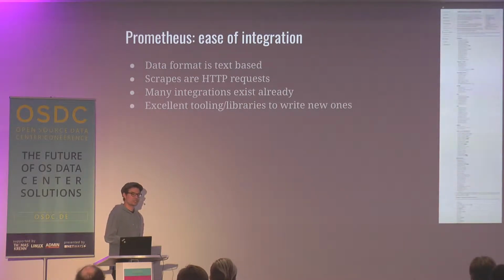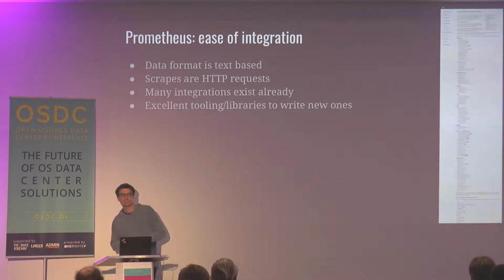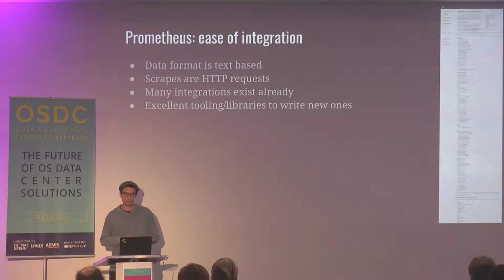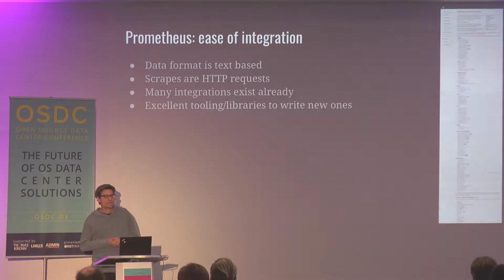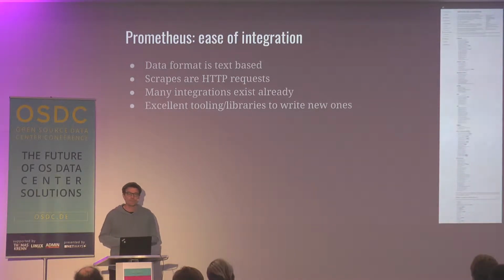So, ease of integration. As we've just seen, the data format is text-based. So should you be in the situation to need to create some kind of script or other tools that create such data, it is pretty easy to achieve. Prometheus scrapes are actually just HTTP requests, so should you have to implement that, it's also pretty straightforward.